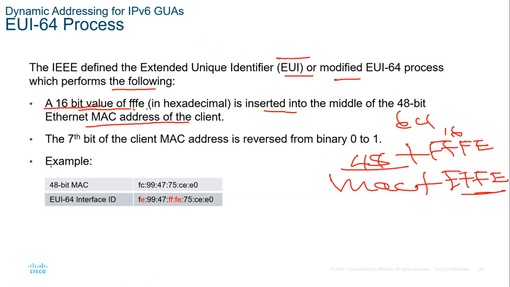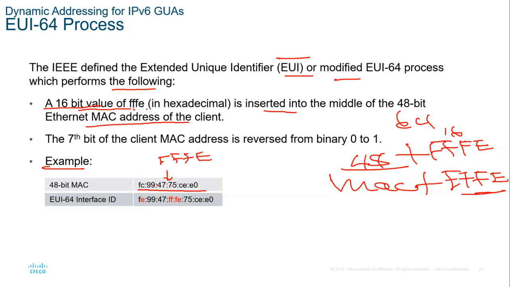So the example is here. We have FFFE, so it's going to be this. In between the two halves of the MAC address is where the FFFE is inserted.